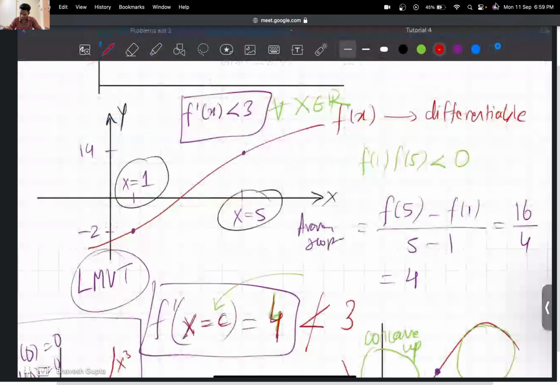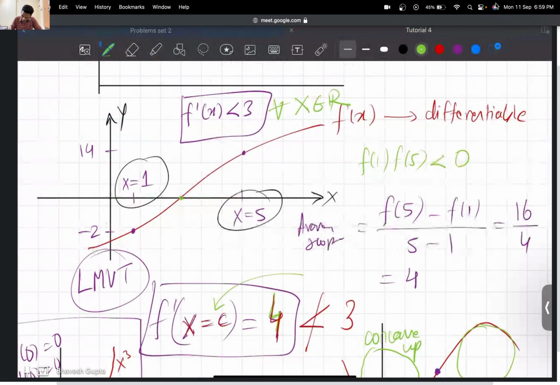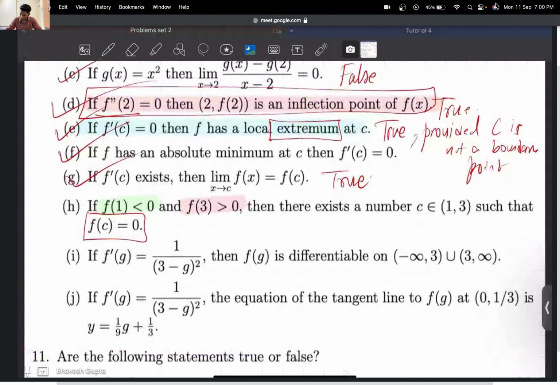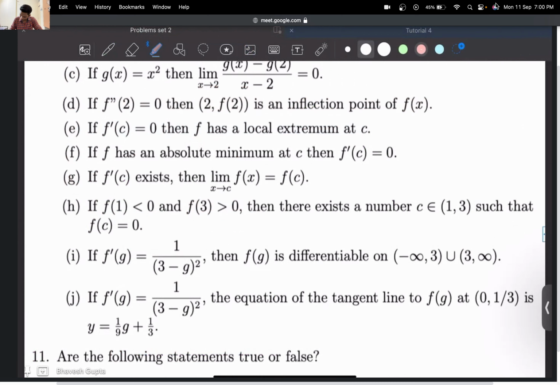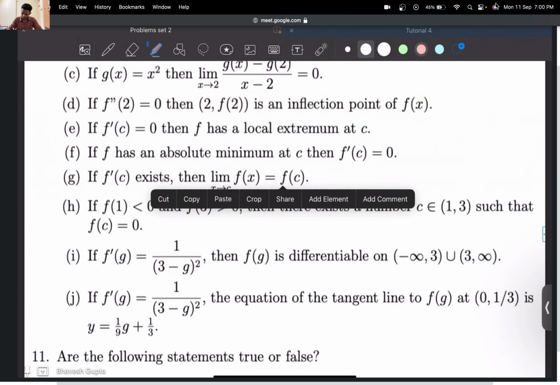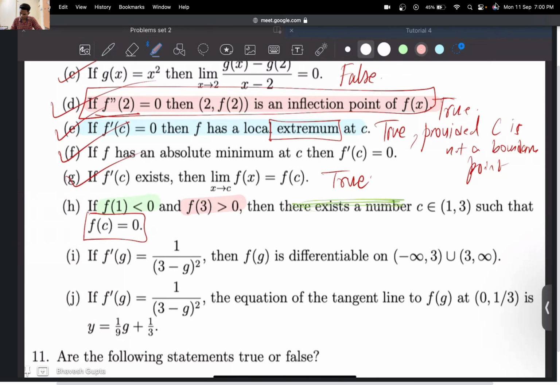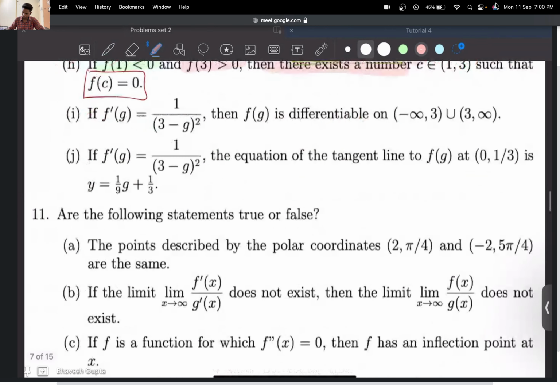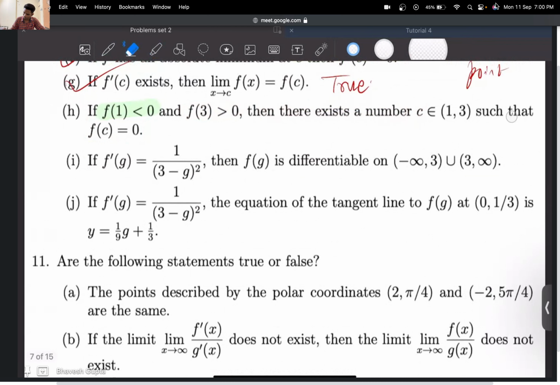Because you can see from here there exists at least one root, and that's what the question basically asks you. So this is true. This is the application of the mean value theorem.